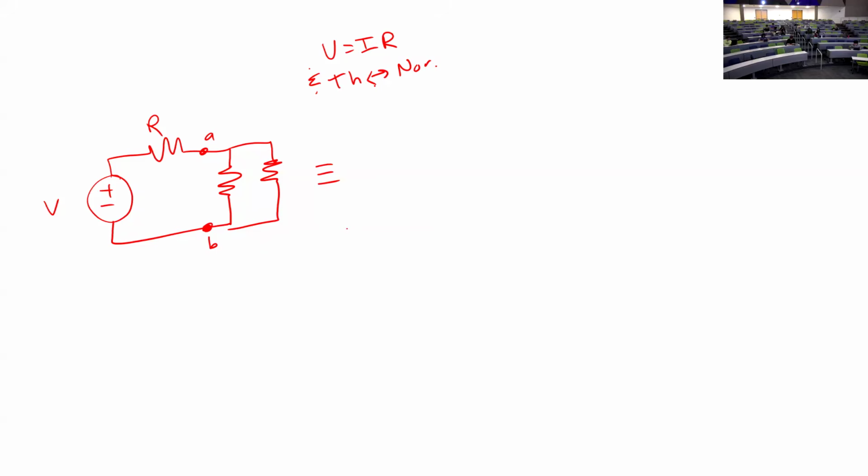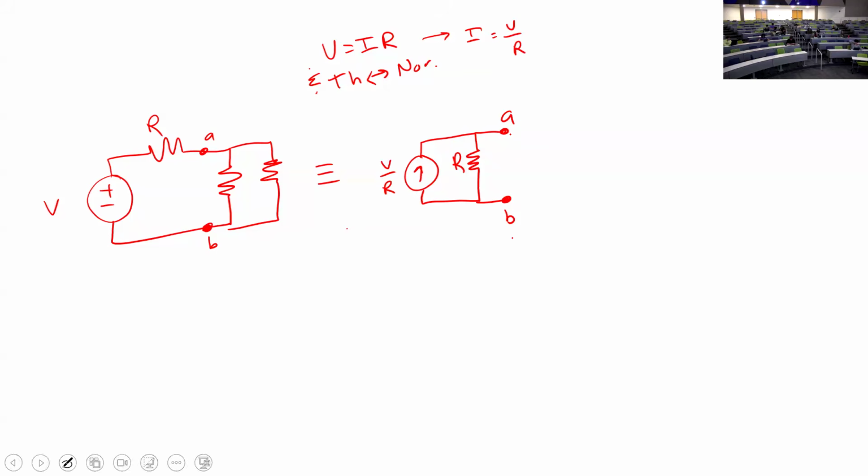So it's a voltage source in series or a current source in parallel. So I can redraw this as now a current source, right, with that same A and B, where this is capital R, and from here, I equals V over R. So that's the current that current source is applying.